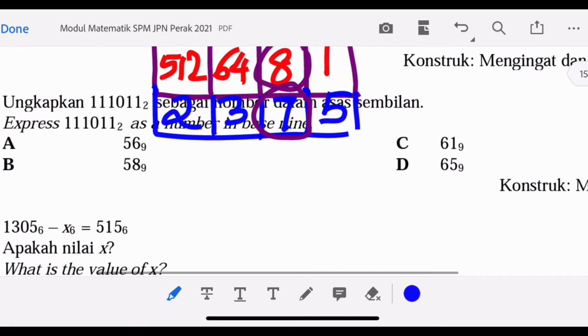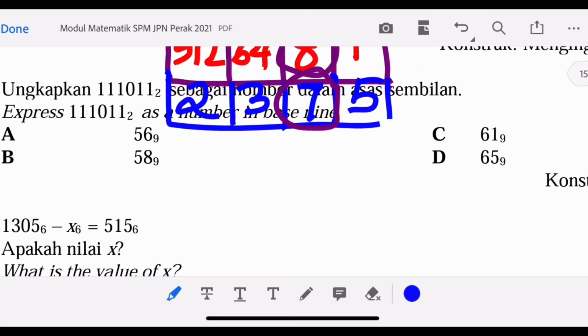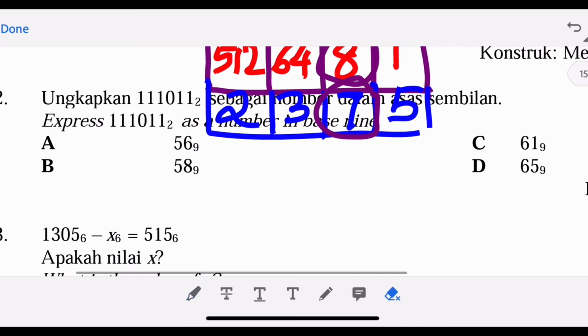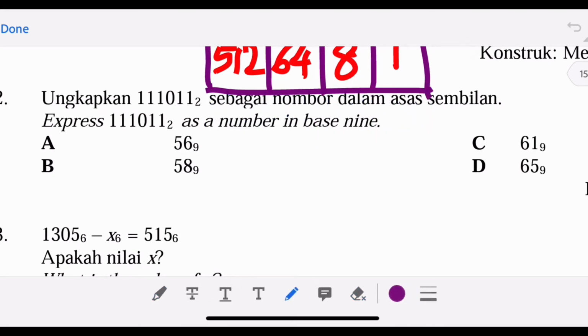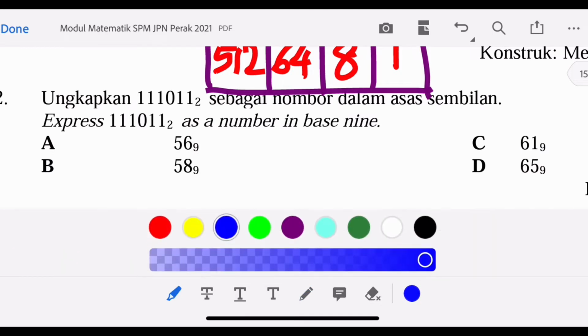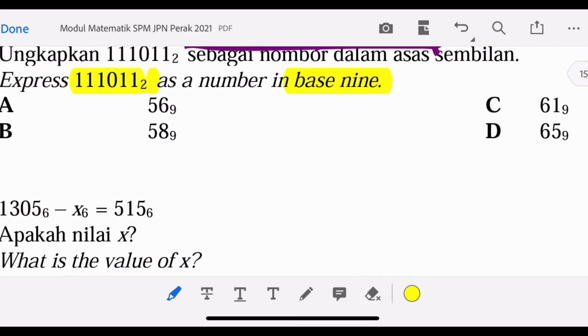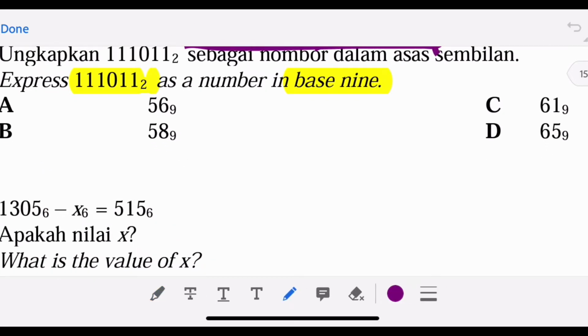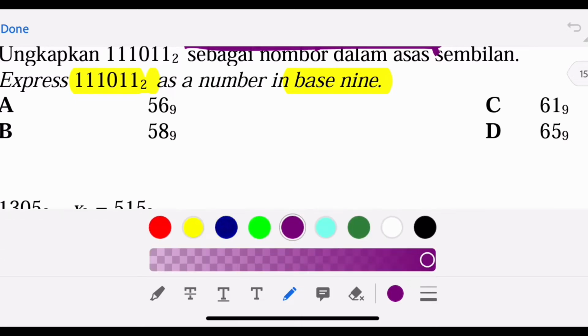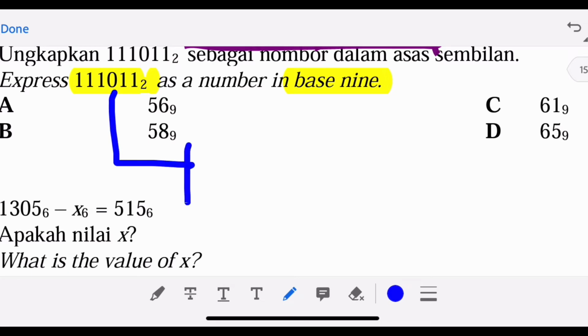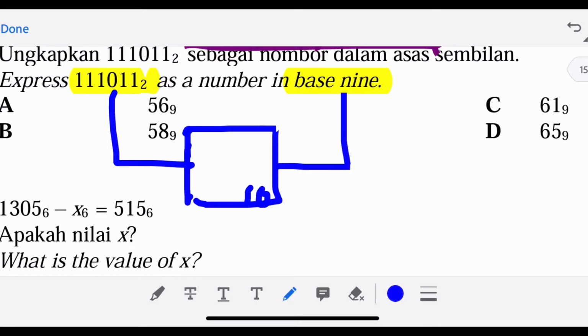Now I want to discuss this one: express this base 2 number as a number in base 9. Okay, from base 2 you want to convert to base 9, you have no choice, you have to convert to base 10 first, and then from base 10 you convert to base 9.